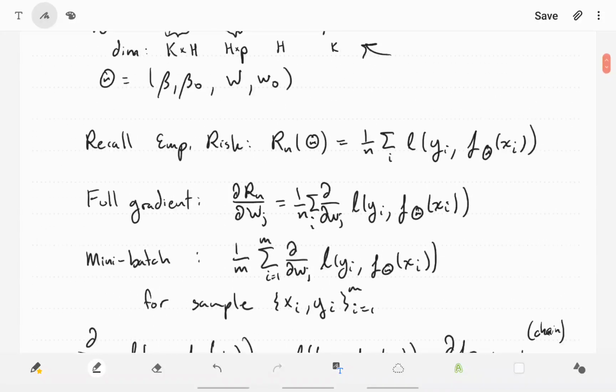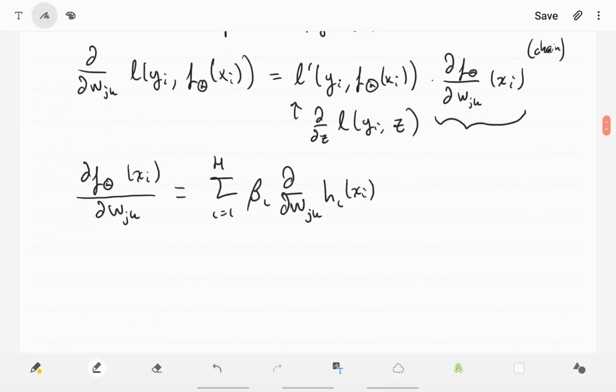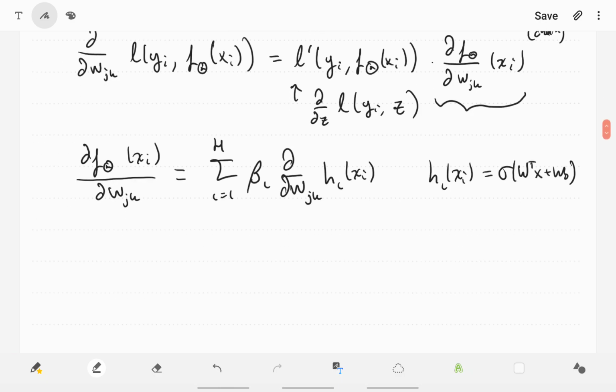But this h sub iota, I'm just going to define it to be this inner part, right? So the output of the hidden unit. So this is where h sub iota of xi is equal to the sigmoid of w transpose x plus w naught. Right? Okay, so far so good.